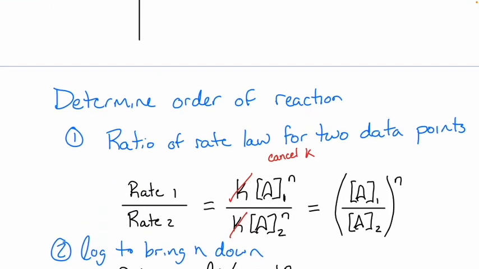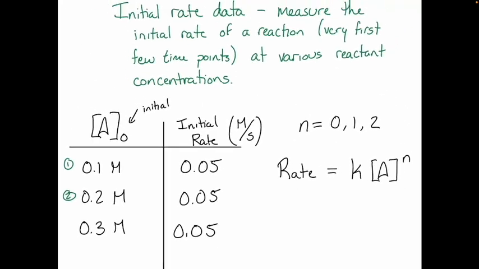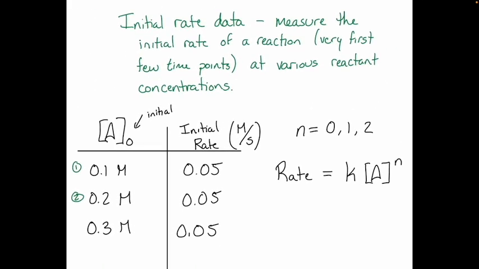All right, so again, first type of problem we have here. We're going to use what's called initial rate data, where you measure the rate of the reaction at various concentrations of reactant, and we're going to use that to figure out what we call our rate law for this reaction.